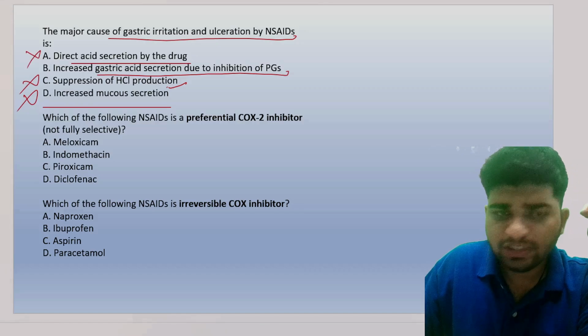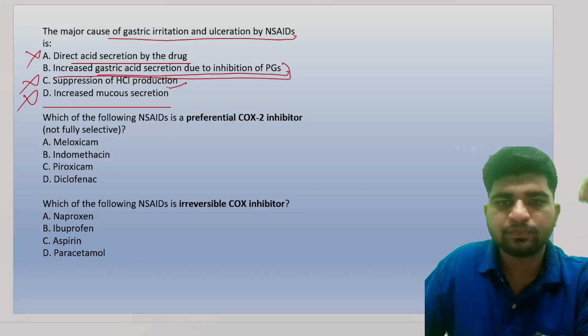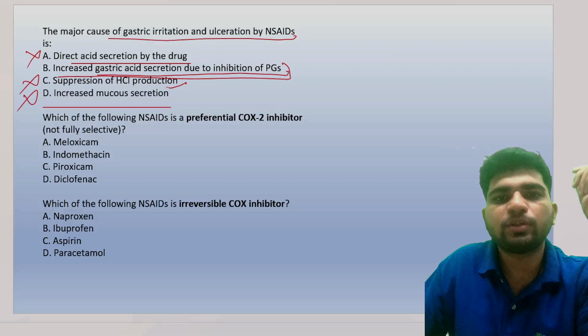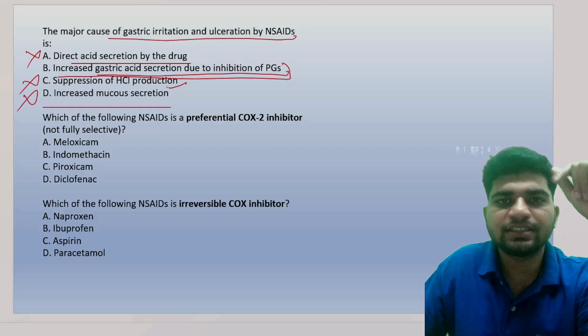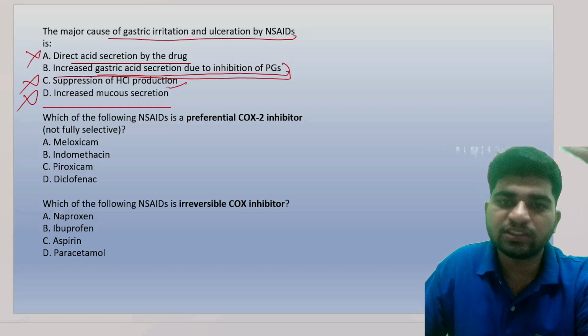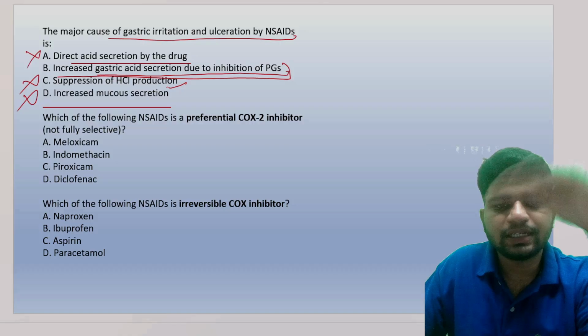No. Generally, it increases gastric acid secretion due to inhibition of PGs. I just told you guys the PGs are responsible for increasing mucus secretion as well as decreasing HCl secretion. But when PG synthesis gets downregulated, those things get reversed. That means gastric acid secretion increases and mucus decreases.